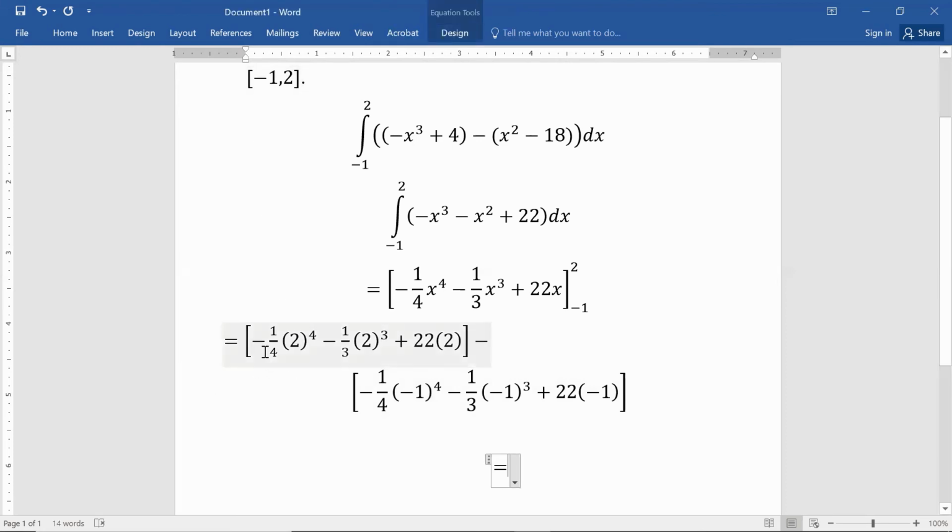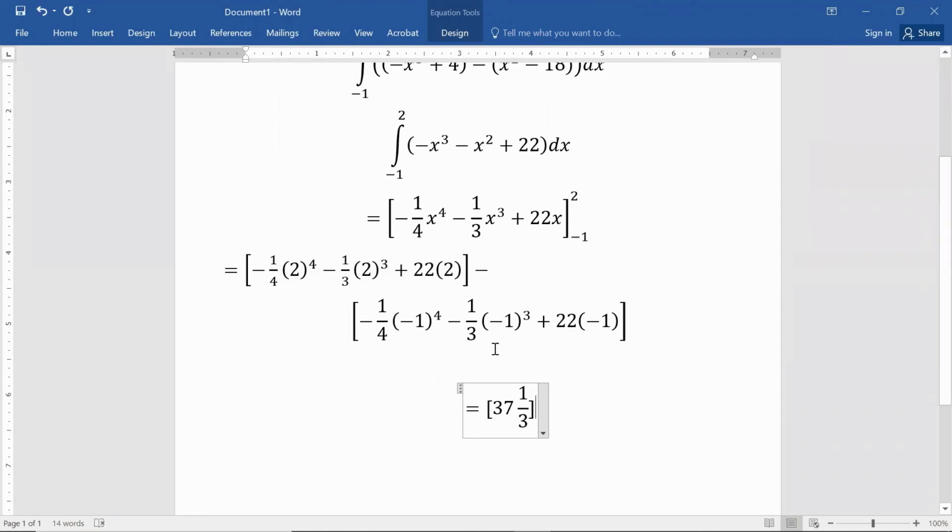Let's go ahead and plug 2 into the first part. Type this into your calculator, and then we'll plug -1 into the second part. We'll type that into our calculator. I have already done that. I've already plugged in the values. When I plug in a value of 2, I end up with 37 1/3.